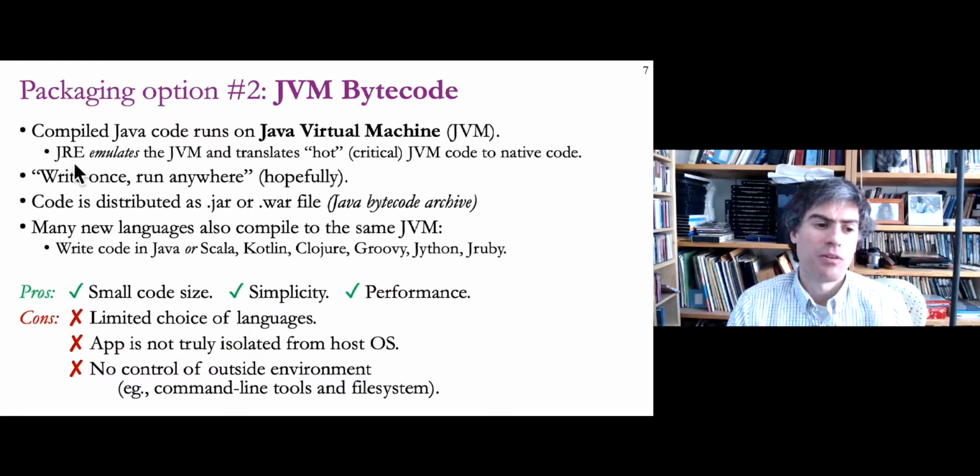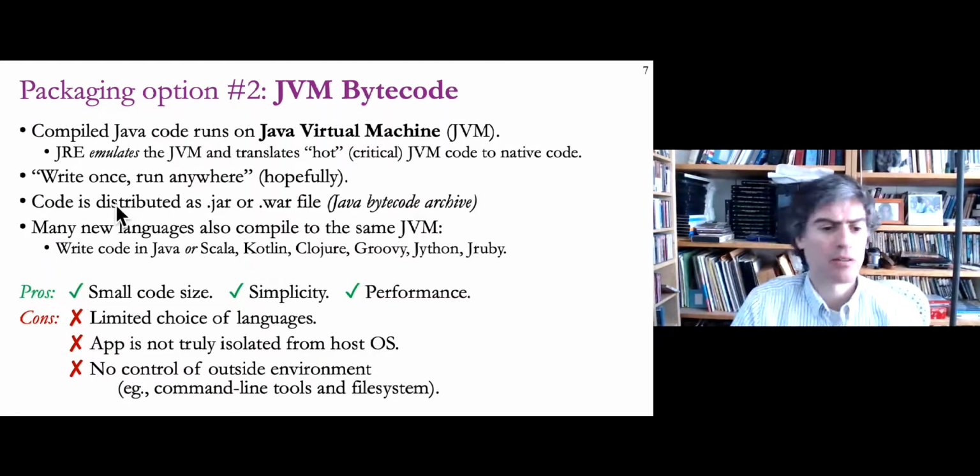And at runtime, the Java runtime environment emulates that virtual machine to run that code, and it also will compile the most frequently executed code into native code to make that efficient. The idea here is you compile your code once and run it anywhere, and so you distribute code in jar files or class files, which are inside the jar files, or WAR files.